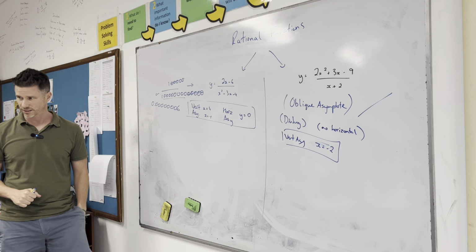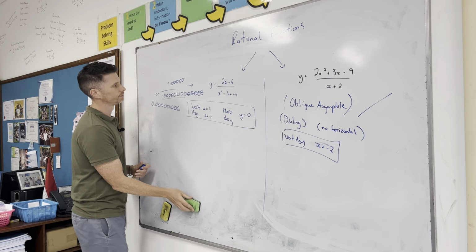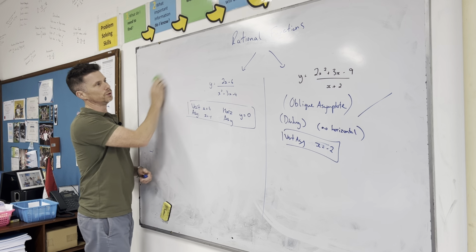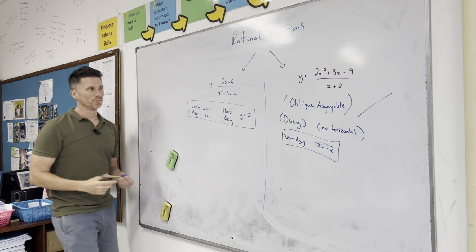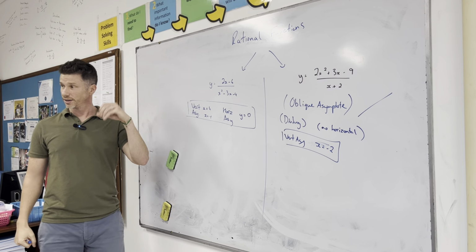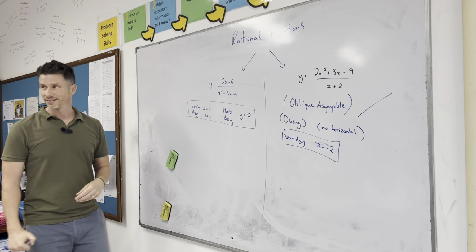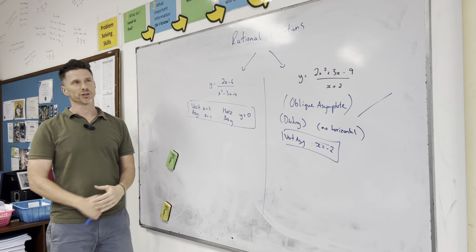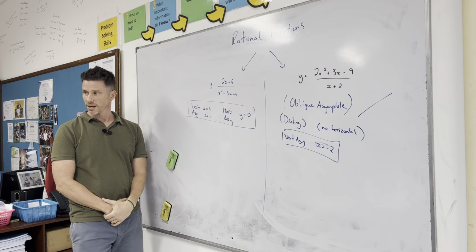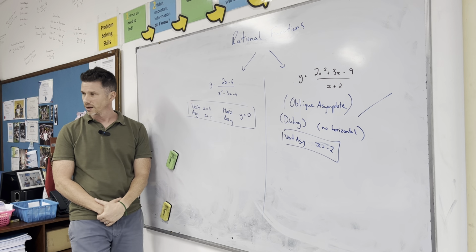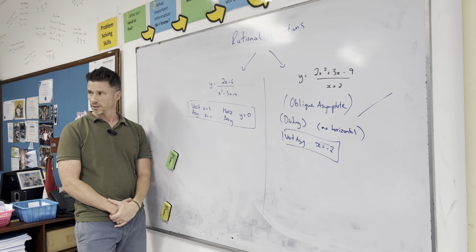Yes? How does it make sense that it does cross 0 at one point? Well, it does cross 0 at one point because early on when we're looking at the function, we can get values for when y is 0 and when x is 0.